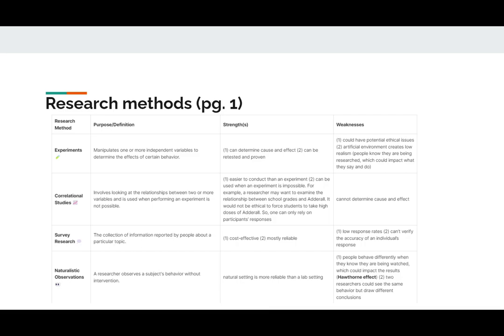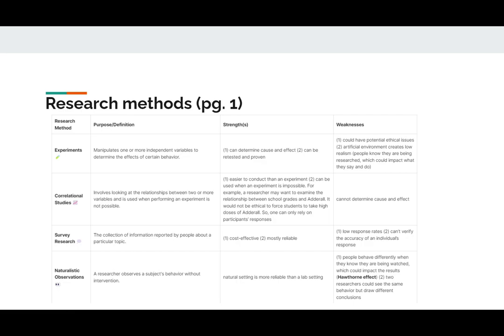But it has some main weaknesses. It has low response rates, and you can't verify the accuracy of an individual's response, because let's say you just saw some people give this answer for this question, and then you just copy them, which doesn't really represent your own opinion. You just did the survey for convenience.